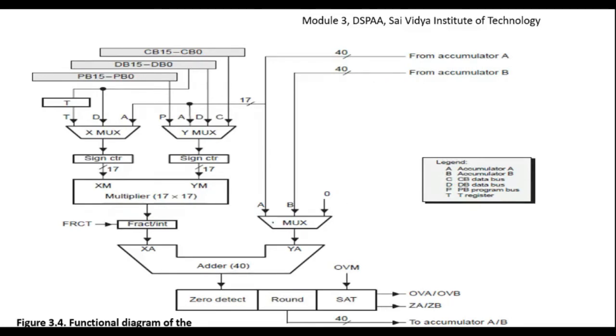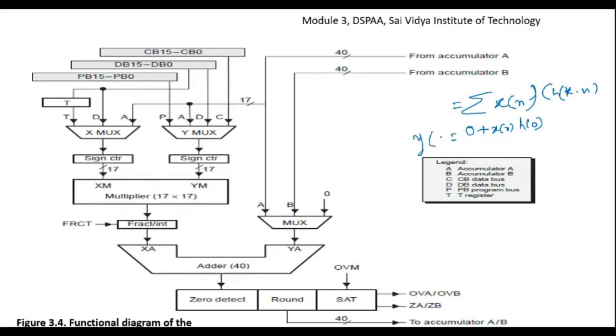Or sometimes in the beginning, say I'm executing the multiplication operation, that is the sum of x of k into h of n minus k. In this, if I am executing this particular equation, in the beginning when I am performing x of 0 into h of 0, the initial value will be 0.